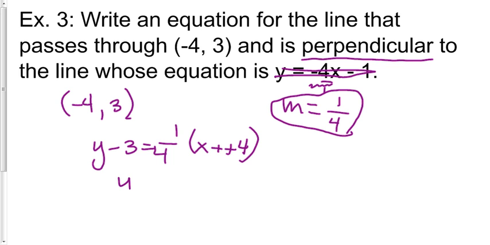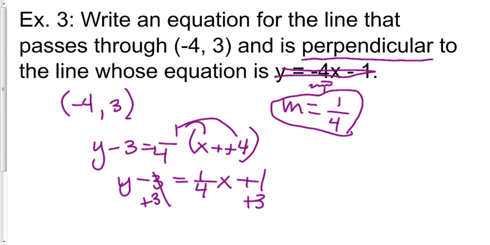Okay, same procedure here. Let's distribute the 1/4. So 1/4 times x is 1/4 x, plus 1/4 times 4 is 1. And then finally we'll solve for y by adding 3.